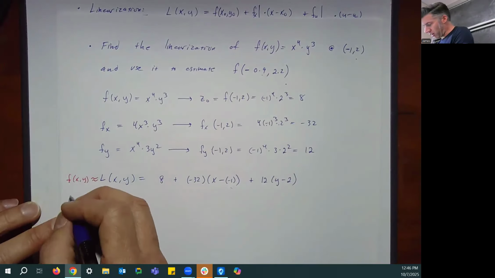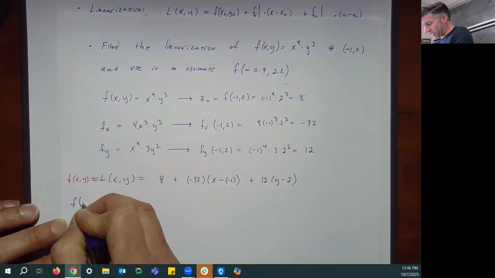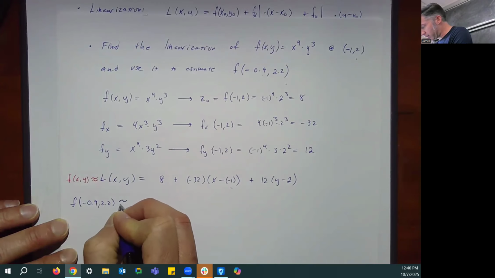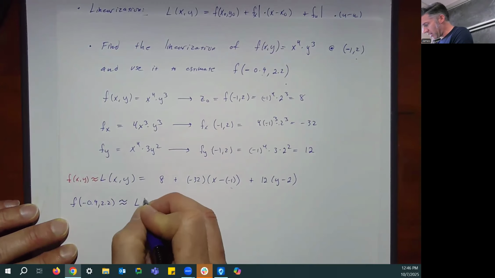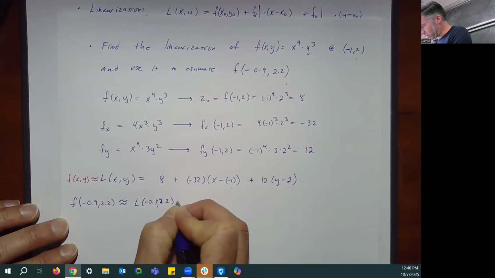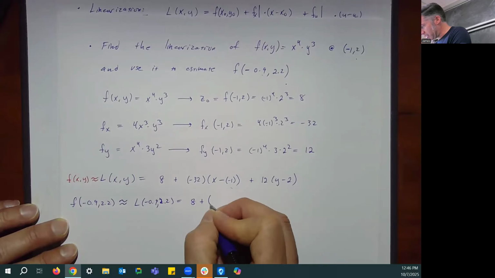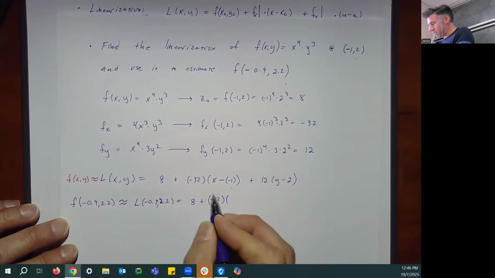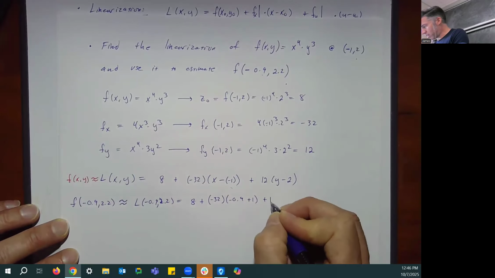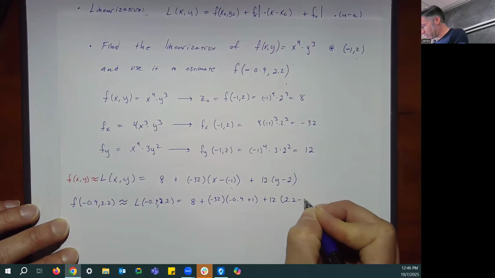So our f of negative 0.9 comma 2.2 is approximately equal to L of negative 0.9 comma 2.2, which is going to be 8 plus negative 32 times negative 0.9 plus 1 plus 12 times 2.2 minus 2.